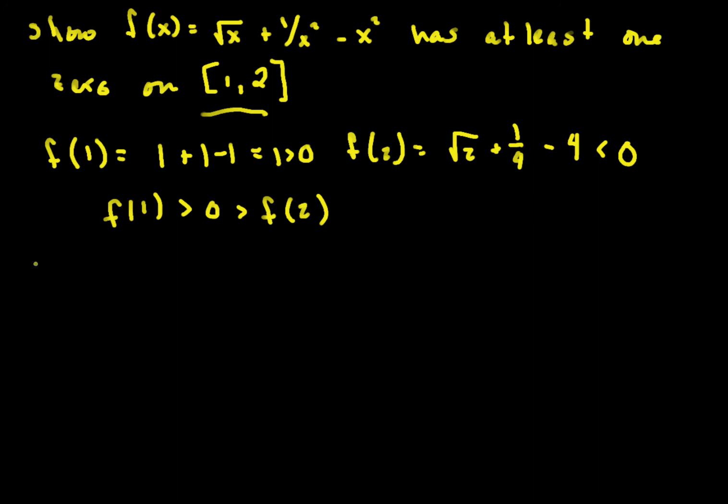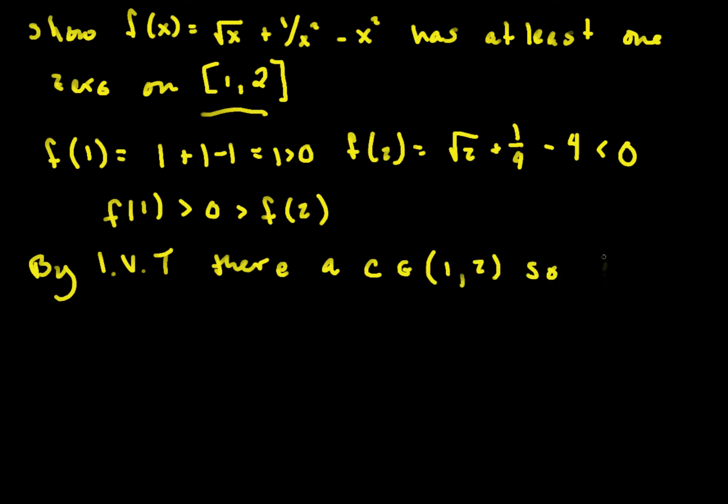So by the intermediate value theorem, there is at least one c in between 1 and 2 so that f of c is equal to 0. We didn't have to find it.